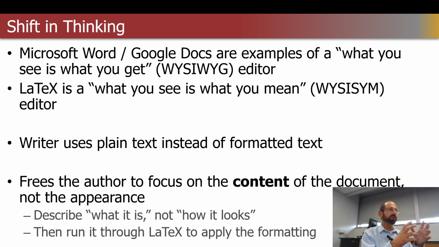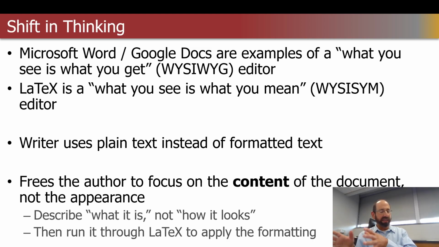It's a lot closer to encoding via this separate language what you want it to look like, and then running software to take that as a specification and generate what you want. In theory, part of the beauty of it, and your mileage may vary depending on how comfortable you get with it, is you can focus on the content of the document and not the appearance of the document. When I'm working in Microsoft Word, and if I really want something to look properly, I'm constantly fidgeting.